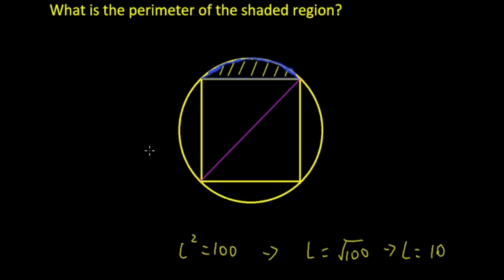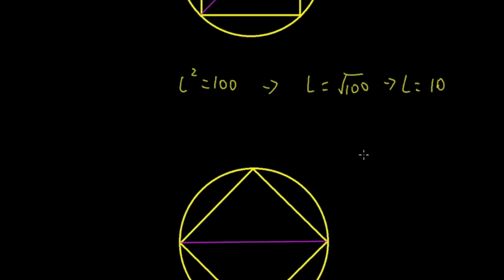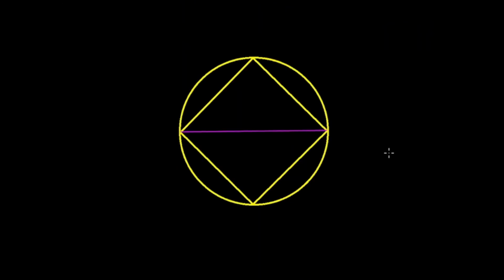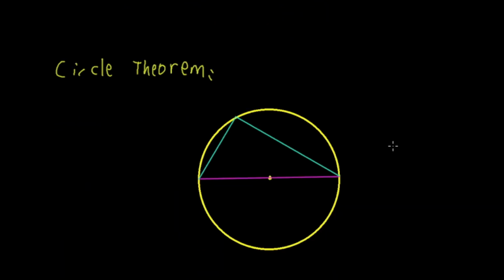Same as this one here, but the diagram is rotated a little. Now, from this angle, we have to bring up one of the circle theorems. In this circle theorem, this magenta line is the diameter of the circle.